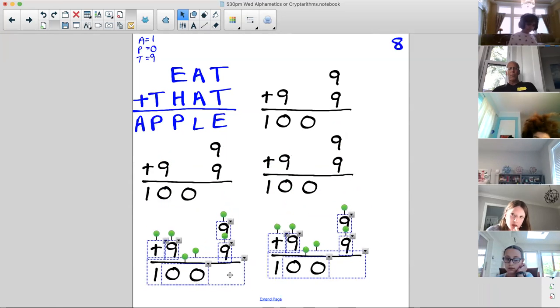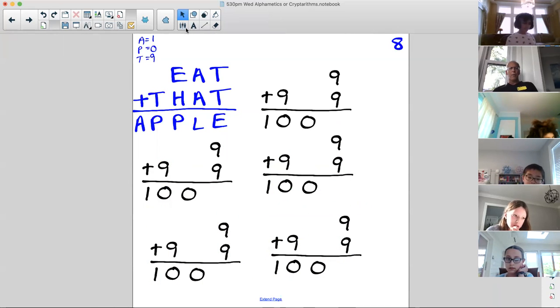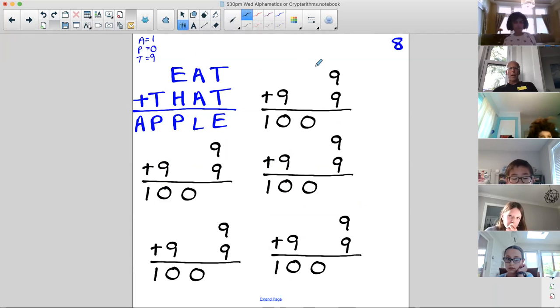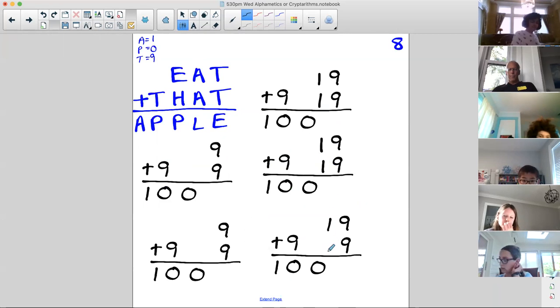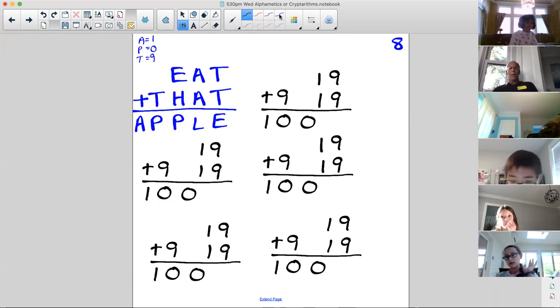Adalia, thank you. So helpful. So A we know has to be 1. And therefore, come on, guys, you know what E has to be, right? So we know E has to be 8.